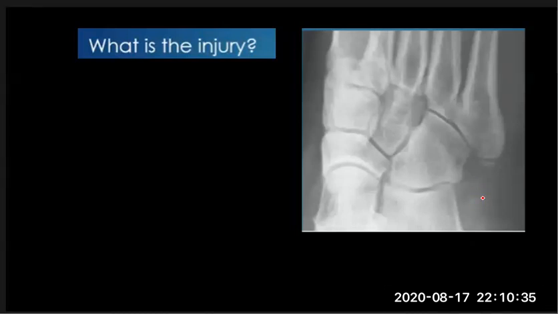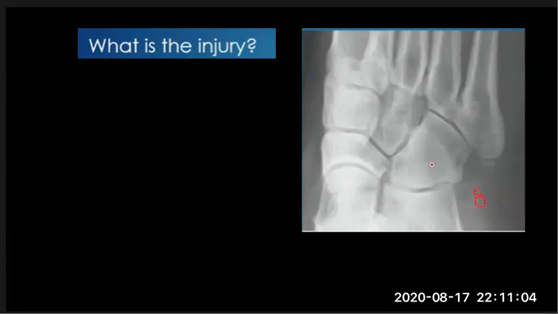It can be multipartite, unipartite, bipartite, in that area. What do we call it? Osteomatosis. But here, this is not a sesamoid bone. What is this? This is an avulsion fracture, an avulsion injury.